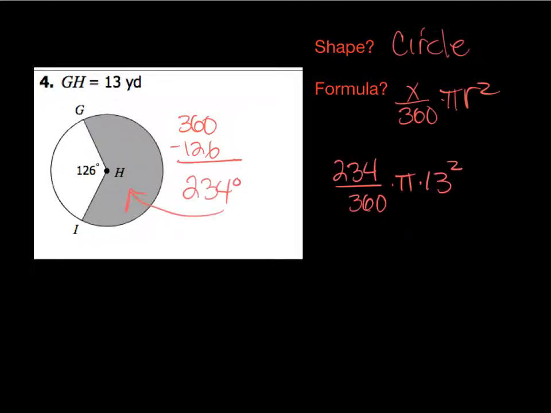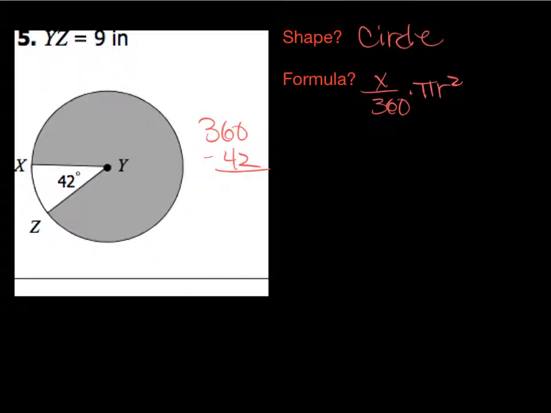When we subtract the 126 from 360, we get 234. So this arc and angle is 234. So I do 234 over 360 times pi r squared. r is 13. So let's see what we get. 344.92 yards squared.